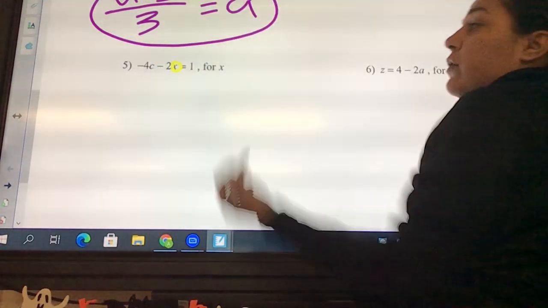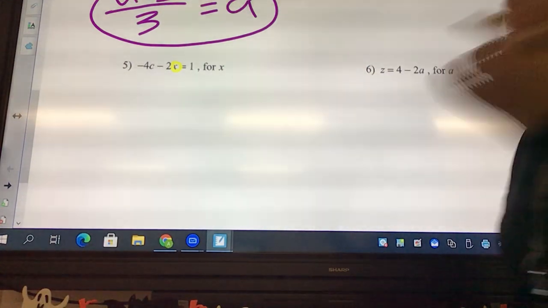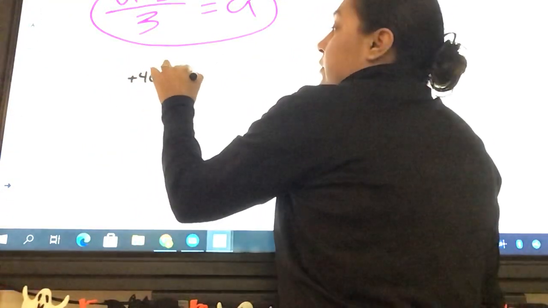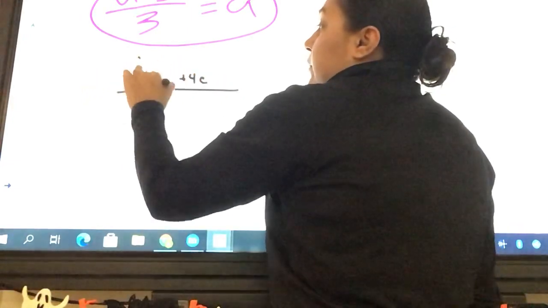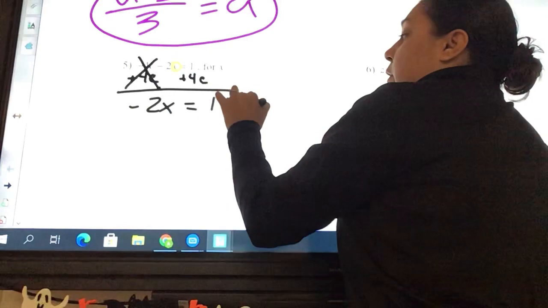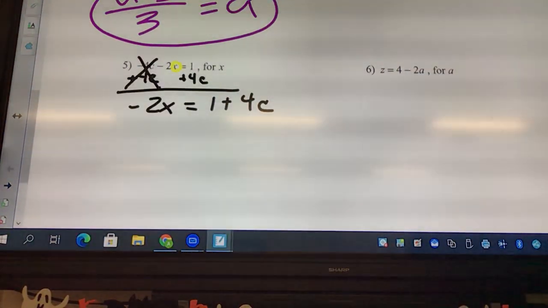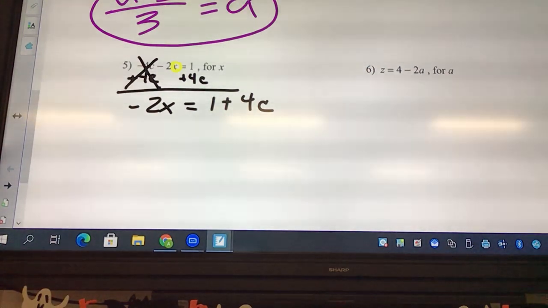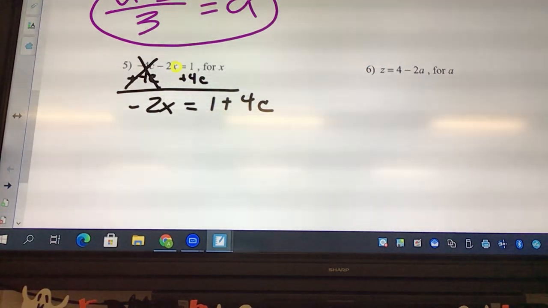In order to move anything minus, we have to make it a plus. So we're going to say plus 4c, plus 4c. So I got negative 2x equals 1 plus 4c. And then our next step is going to be to do what? Divide.